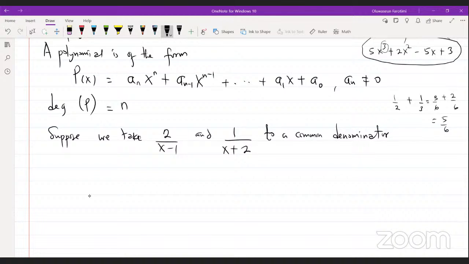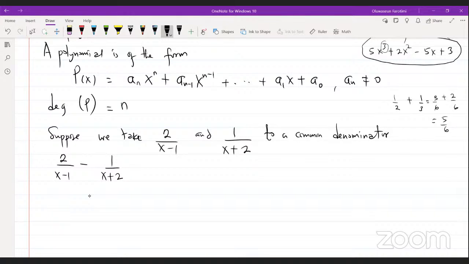We want to apply the same principle here. Suppose the operation in this case is just subtraction. So we want to subtract them: 2 divided by x minus 1, minus 1 over x plus 2.